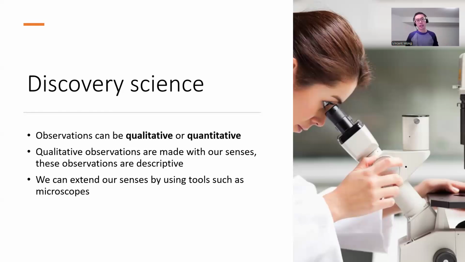How do you know it's good quality? Well, you have to feel it, touch it, try it on and stuff like that. So qualitative observations are made using our senses. What kind of senses do we have? We have five senses, right? What are the five senses I'm talking about?